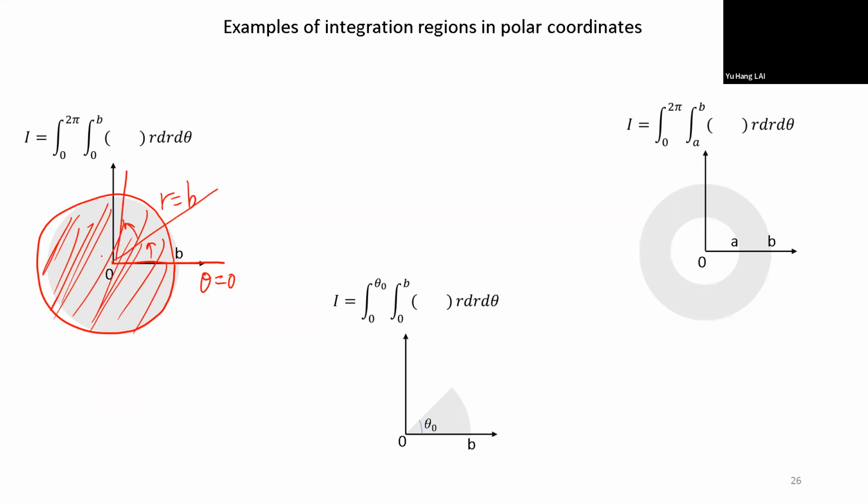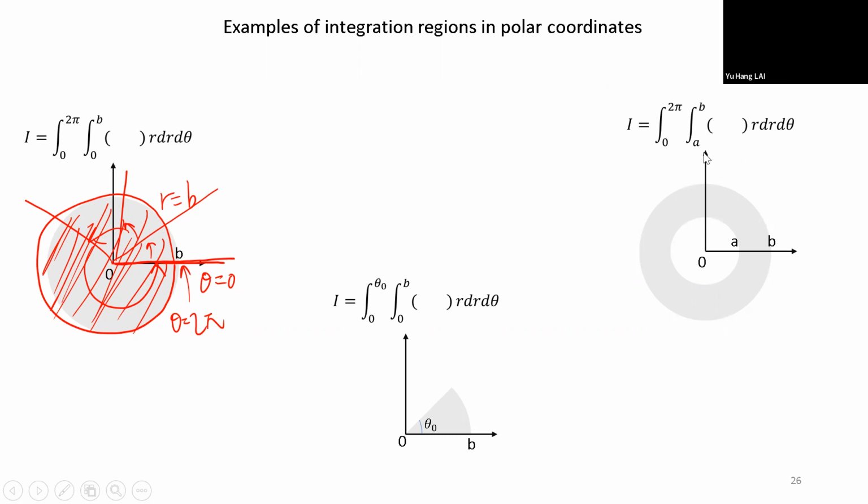I just keep moving until it finishes sweeping across the entire region of the circle. So that's why my second line is theta equals 2 pi. So if you want to integrate over a circular region, you see that it is very convenient to do it in polar coordinates, because you're still dealing with constant lower and upper limits.